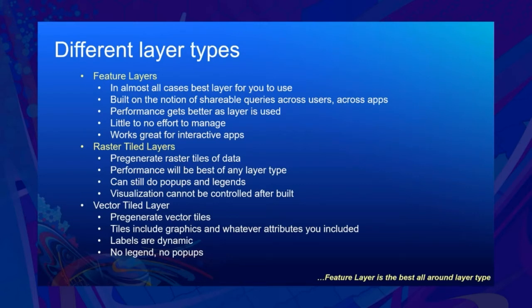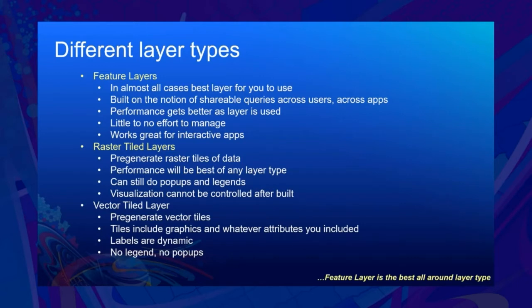I think the most important thing to get out of this session is that feature layer is really the best all-around layer type for you. It's the simplest. Performance is great. It allows you to be dynamic. If you're building an application, you can do so many things on the client with the feature layer. And you can get very good performance through feature tiles.